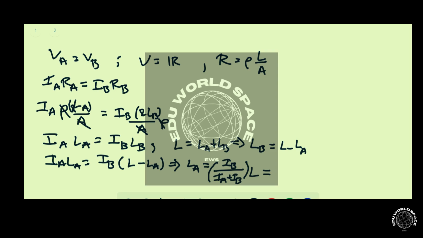You have IB, which is 1.65, over IA, which is 2.86 amperes, plus IB, 1.65 amperes, and all of this times 2 times 10 to the 3 meters.